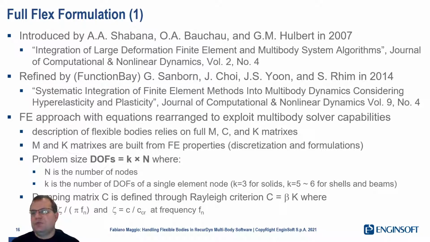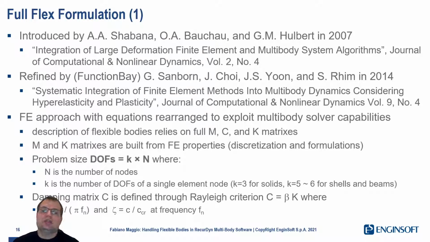The full flex formulation is not far from finite element approach. Essentially, we have the full matrix for the bodies that you mesh, so very similar to finite element. The matrices are built from the mesh that you have used, and the size of the problem is really related to the number of nodes that you include and the number of degrees of freedom per each node.